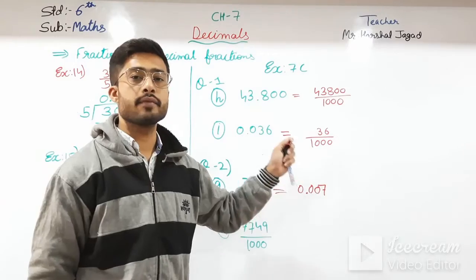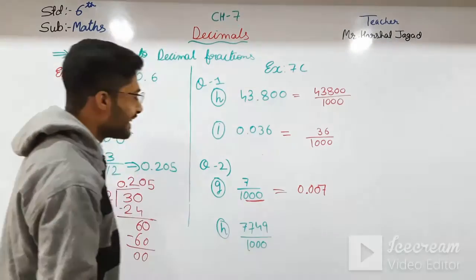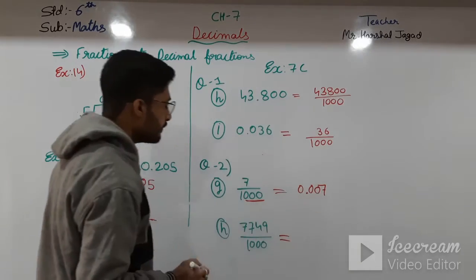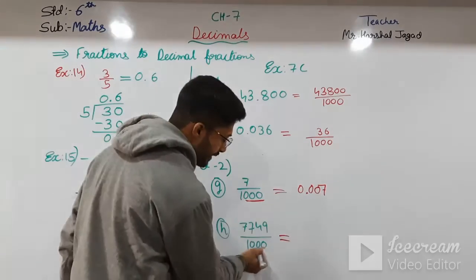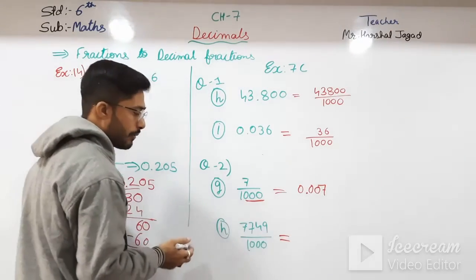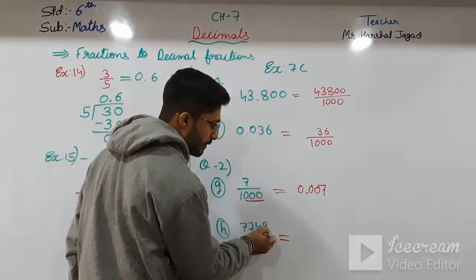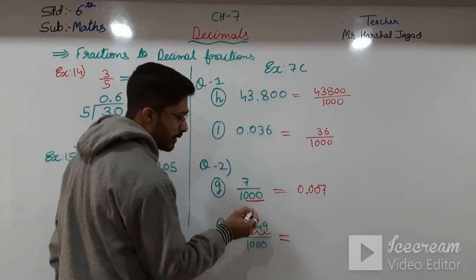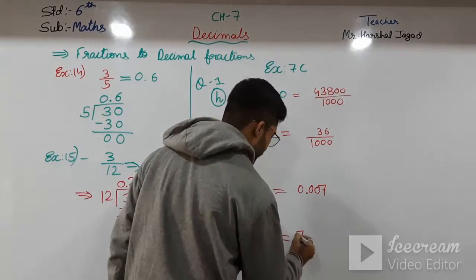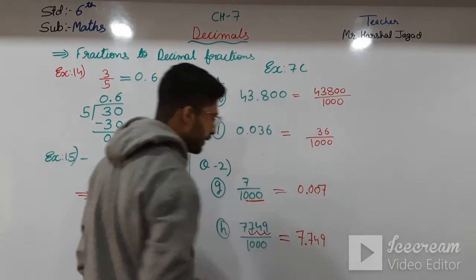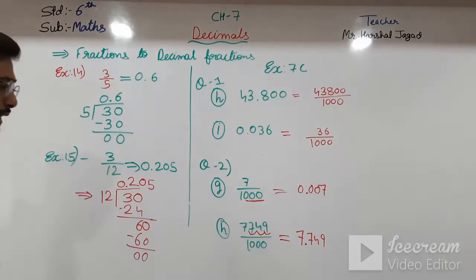Moving towards the next, here also there are 3 digits, so we put a decimal point after the 3 digits: jump number 1, 2 and 3. So our answer will be 7.749.